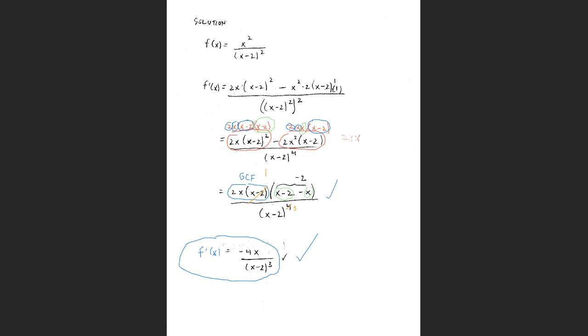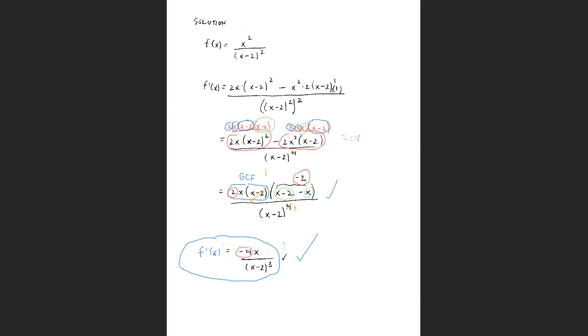Oh, where's the negative 2, John? Okay, negative 2. I took the 2 here and multiplied it by this negative 2, and that got me negative 4. Are there any questions? Okay, well then let's proceed on.